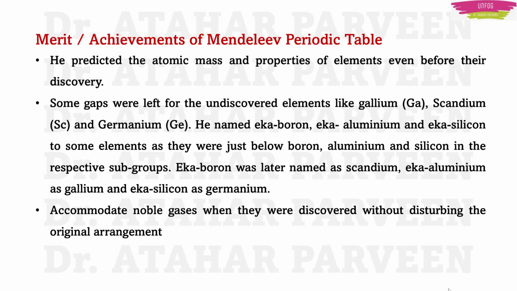Okay, so Eka boron was later named as scandium, Eka aluminium was later named as gallium, and Eka silicon was later named as germanium. Okay, so these are all very important points, because questions have been directly asked based on this. And also he accommodated noble gases when they were discovered without disturbing the original arrangement of the periodic table.